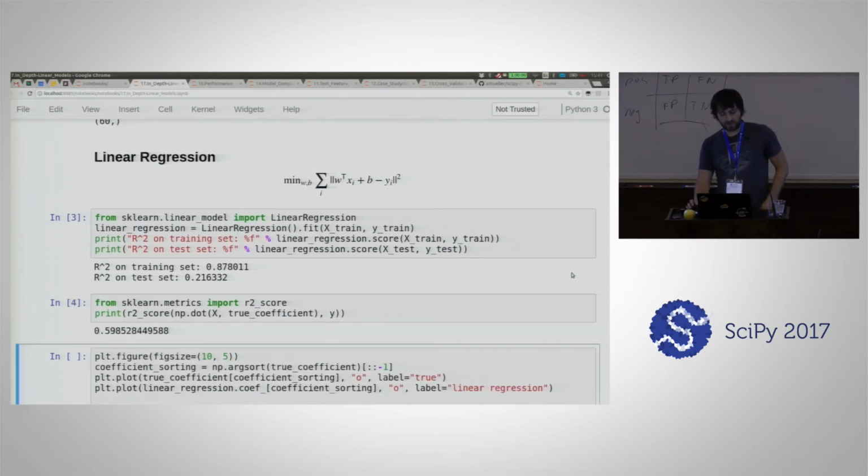Knowing the true model and taking into account the noise, with the true coefficients we could get an R squared of around 0.6. This tells us that we really overfitted the training set here, and we're not doing so well on the test set. There's a really big gap between the training and the test set performance. So we might want to keep this model from overfitting so much.